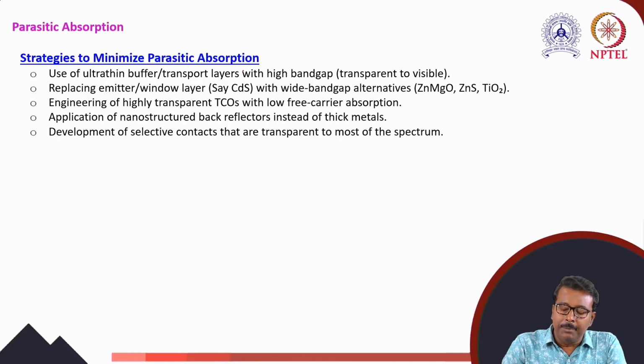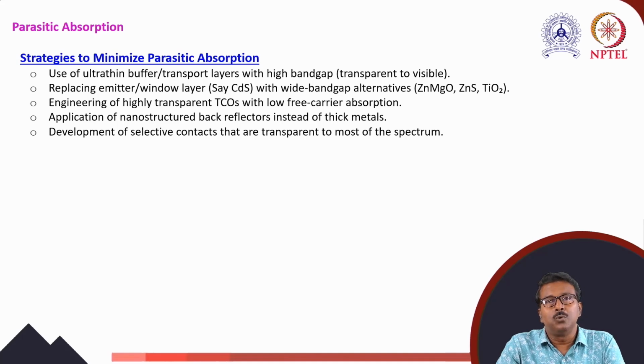And strategies to minimize parasitic absorption: how can you reduce this? First of all, you have to reduce the thickness of these non-active layers, say buffer layers or transport layers, and the band gap of the material should be high, and high band gap generally means they will be transparent to the visible range. So first of all, making ultra thin layers of these TCO, buffer and emitter layers is required.